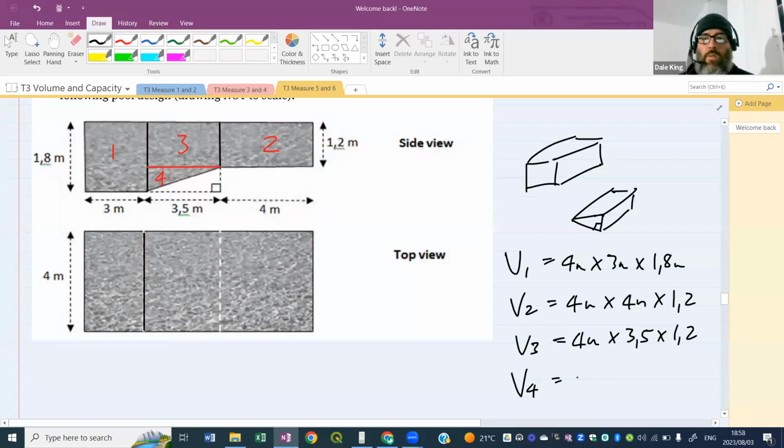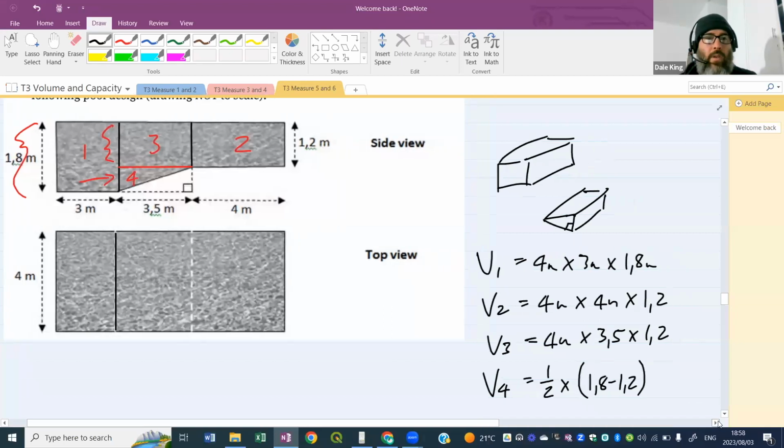For the triangular prism, we need half times the base of this triangle. It's this little piece here, which is 1,8 minus 1,2. This top piece here is 1,2, and this big one is 1,8, so I'm going to put 1,8 minus 1,2 in a bracket for that side of the triangle.